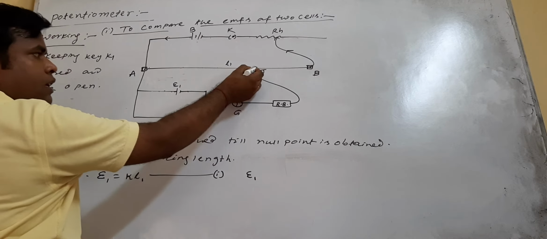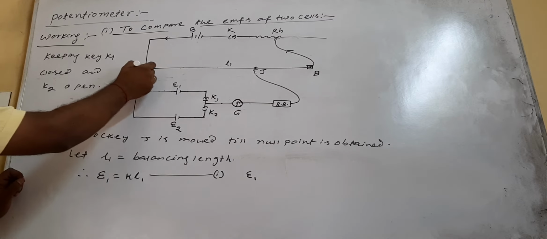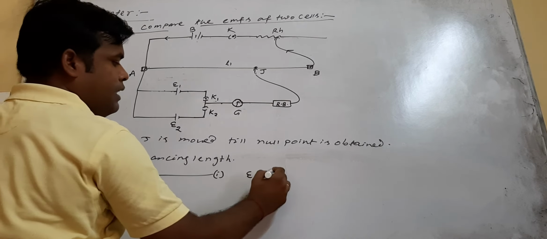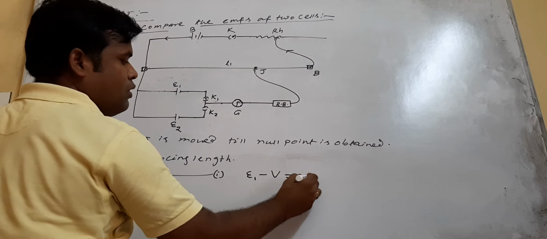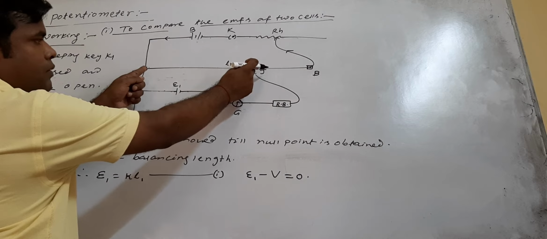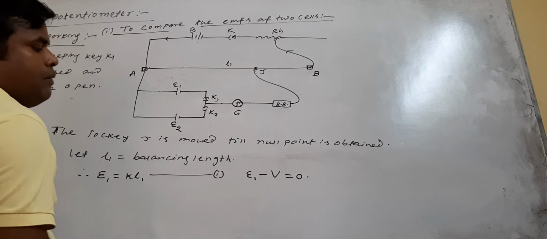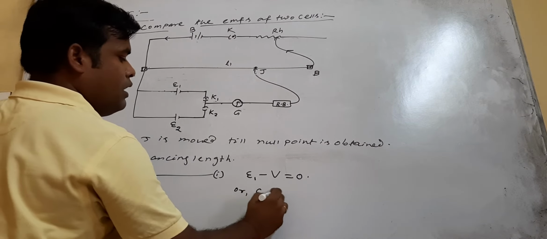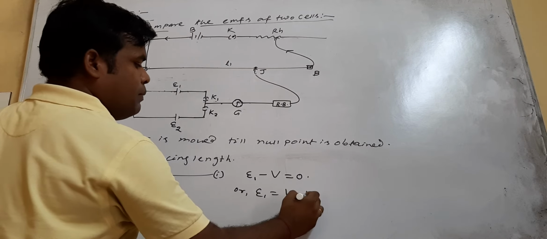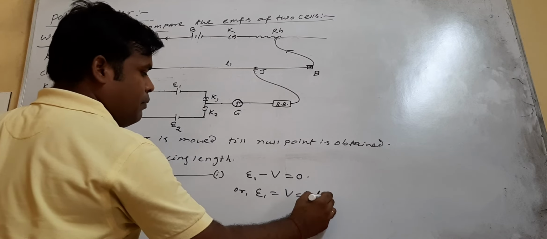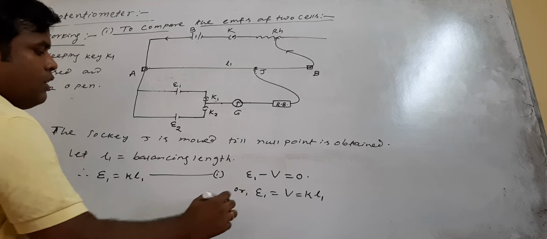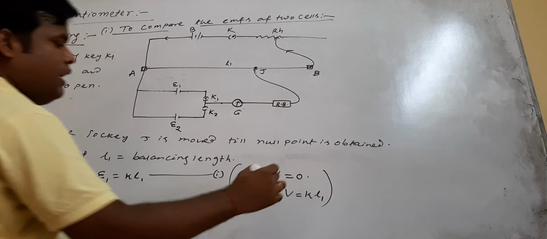This potential is lower, this potential is higher, so it is negative. Minus V is equal to 0. So E1 is equal to V, and as V is equal to KL, where L here is L1, E1 is equal to KL1.